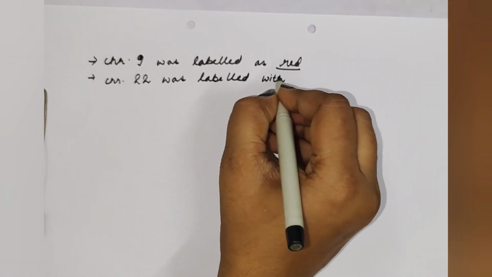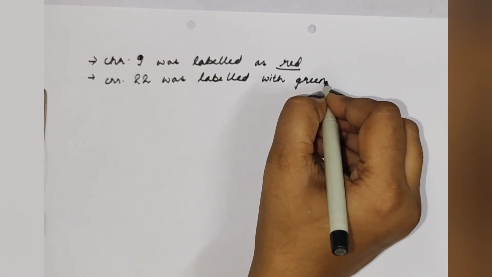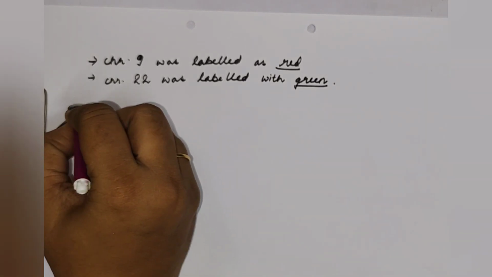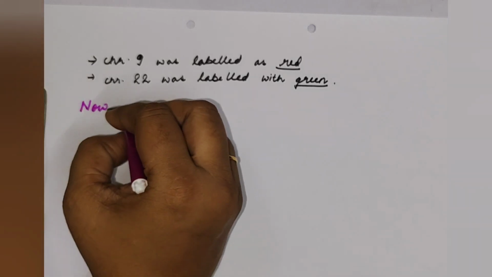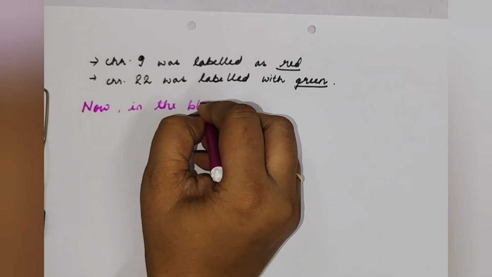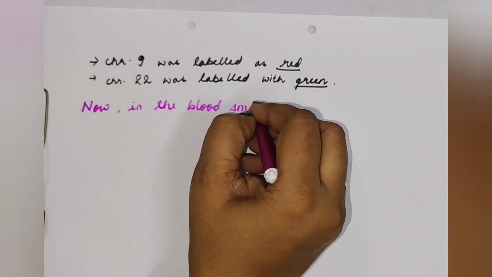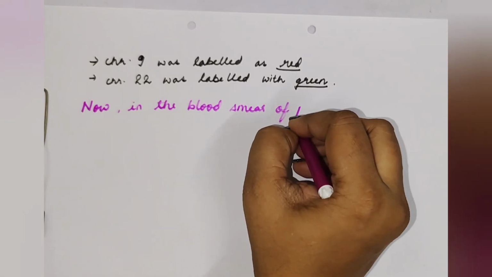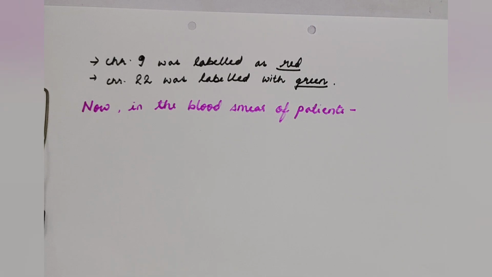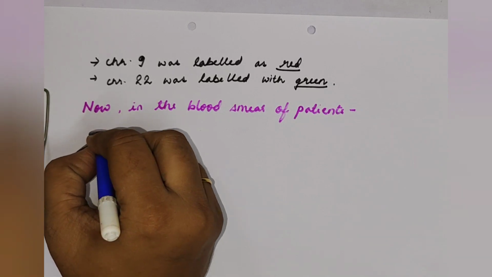When the smear of CML patients was taken, then after permeabilization and fixation of the cells, these labeled probes were incubated with the cells, and after incubation the extra probes were washed off, and then the cells were viewed under the fluorescent microscope.